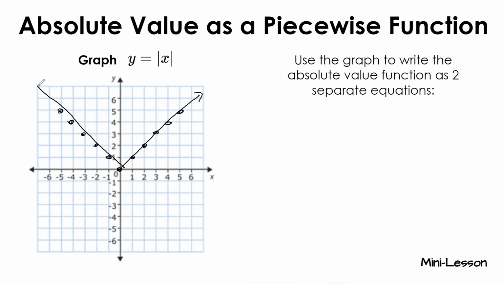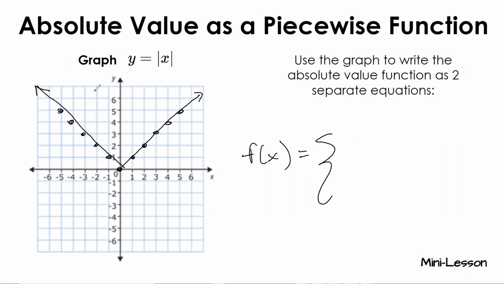I can't draw a straight line to save my life. It's fine. We're going to write this function as 2 separate equations, and it's not going to include the absolute value. So we're going to say f of x, and use the cool little squiggly bracket.